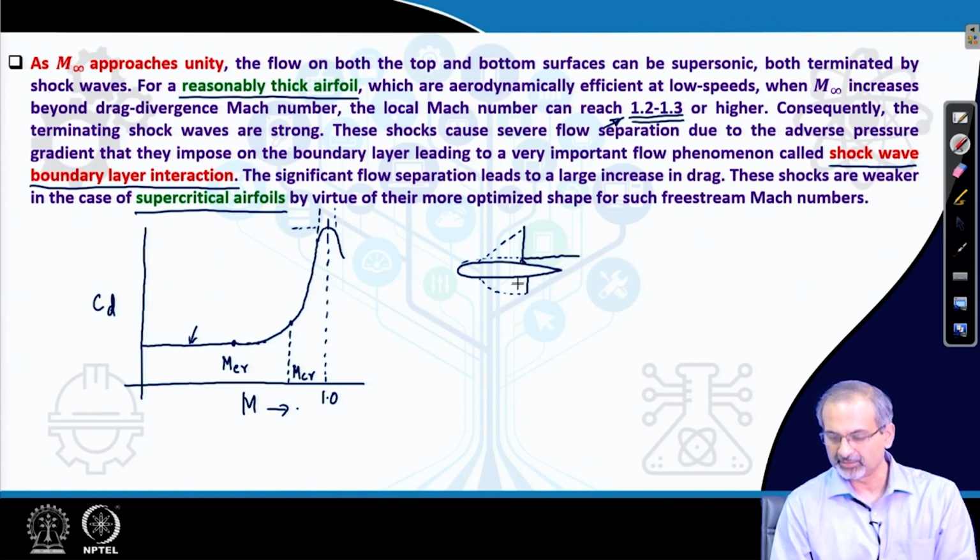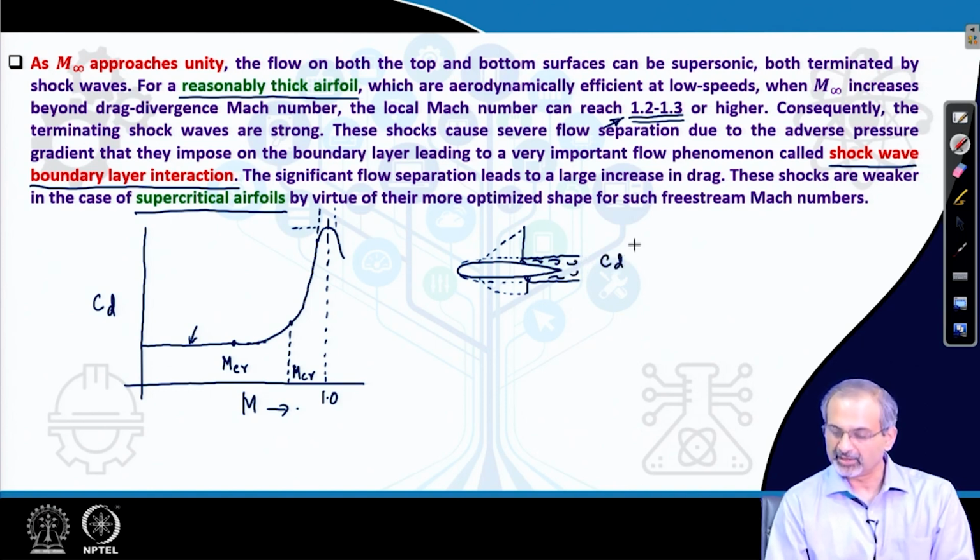Therefore, you have large separations produced where the shock interferes with the boundary layer, and you have a large wake region formed behind the shock. That means the drag will rise significantly.